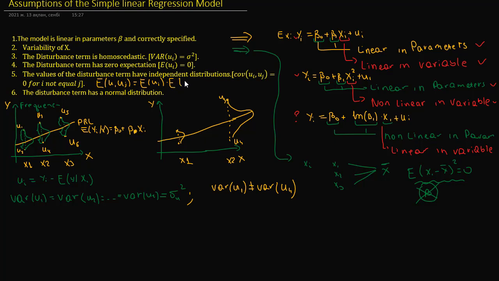This means the sample is random and there is no relation between ui and uj; they are independent.